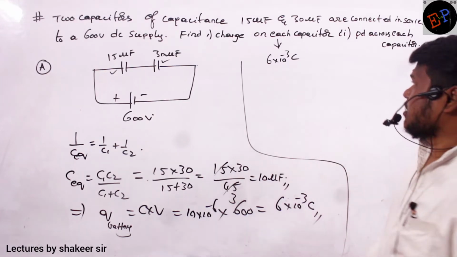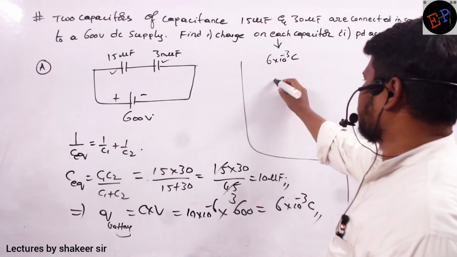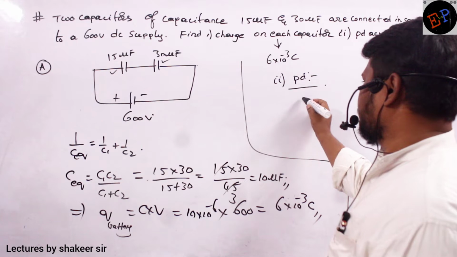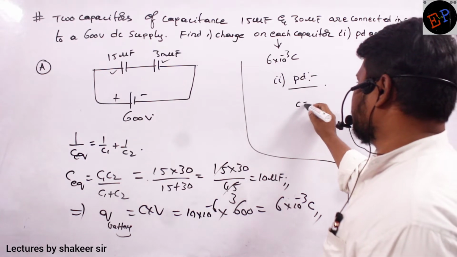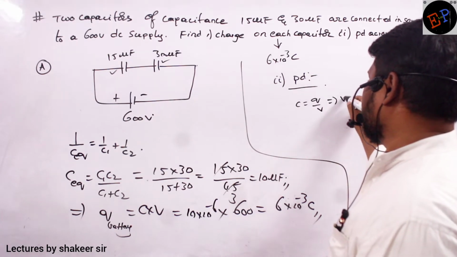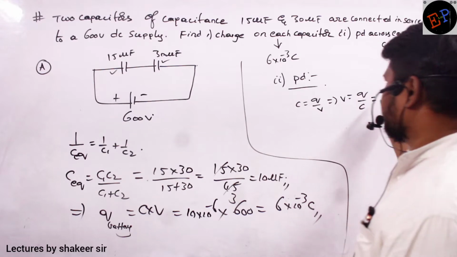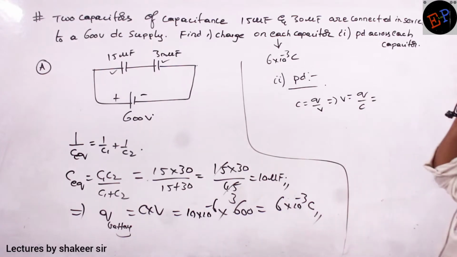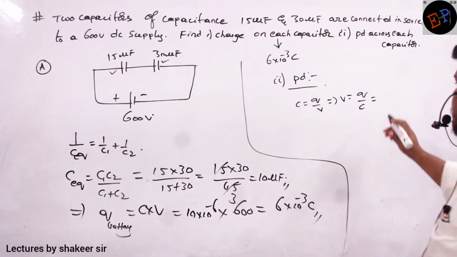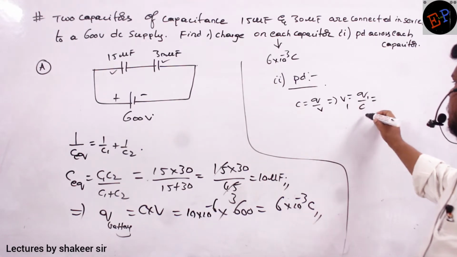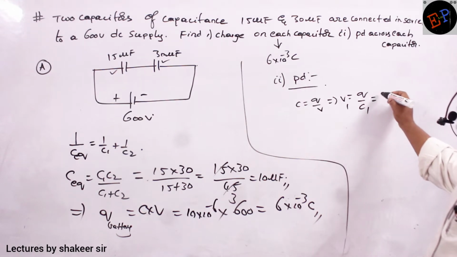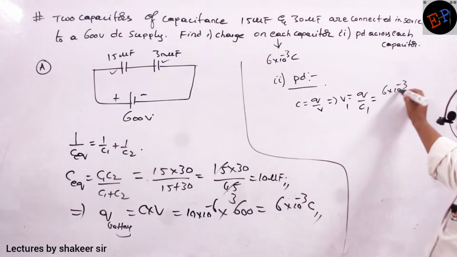Clear? Therefore, potential difference across each capacitor. We know that C is equal to Q by V, so V is equal to Q by C. So V1 is equal to Q by C1. Charge on each plate is 6 into 10 power minus 3.